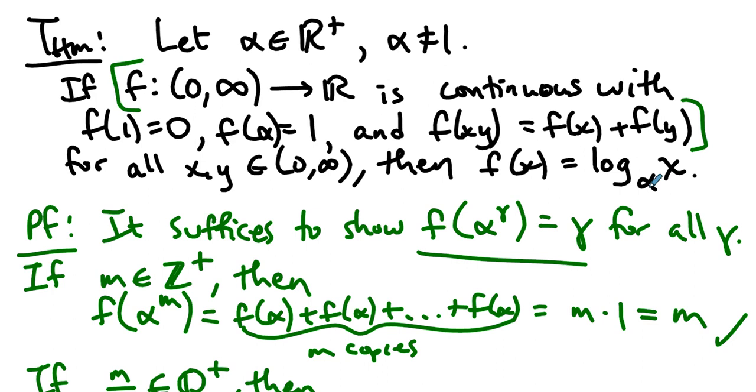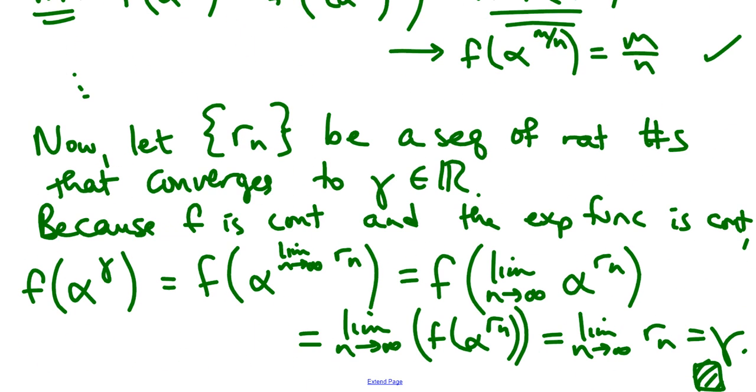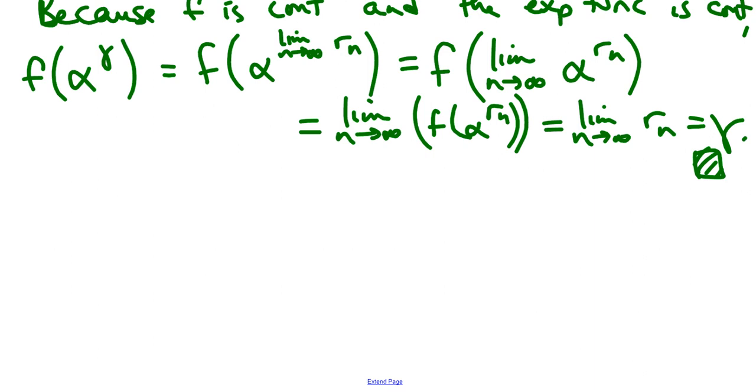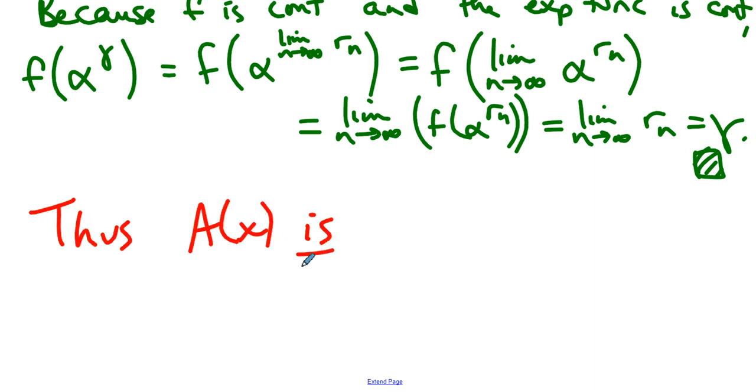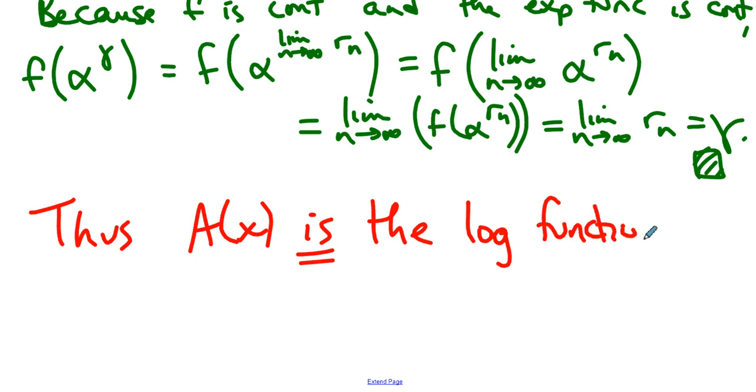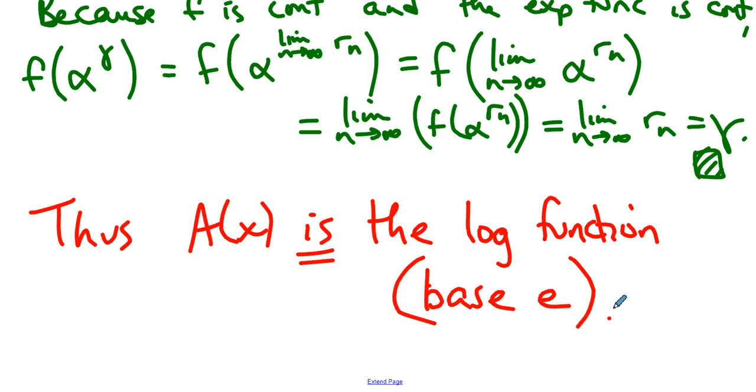In fact, it's base e. So that's the big takeaway from here. Therefore, a of x is the log function base e. And that is no small takeaway. No small takeaway.